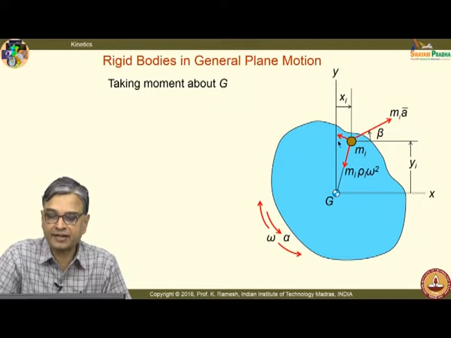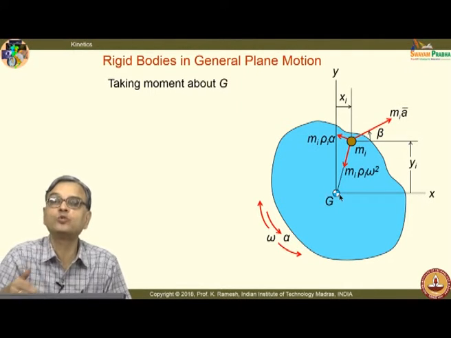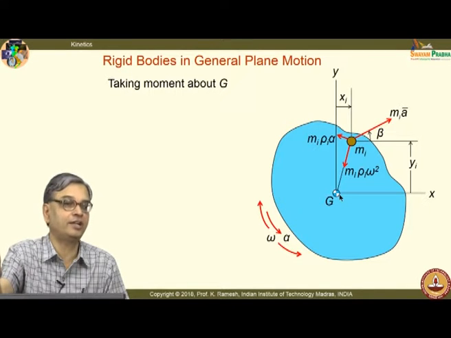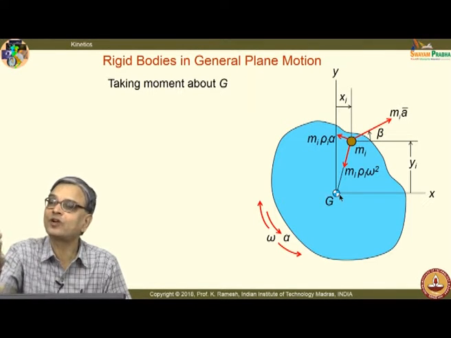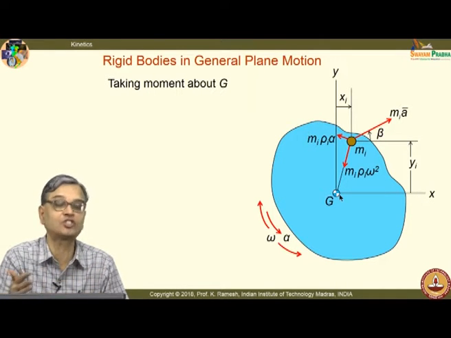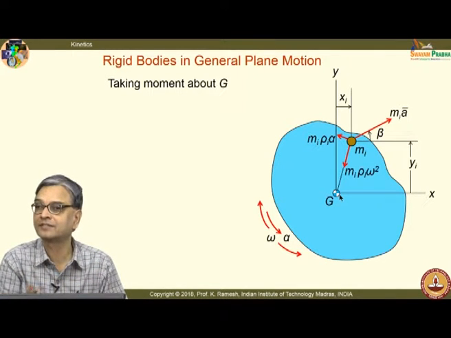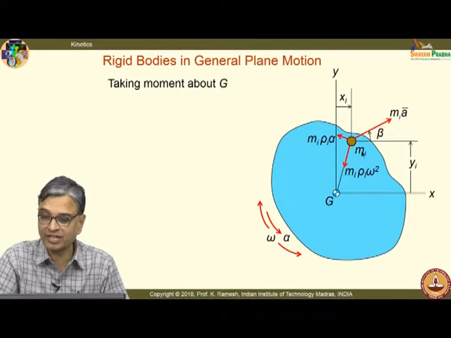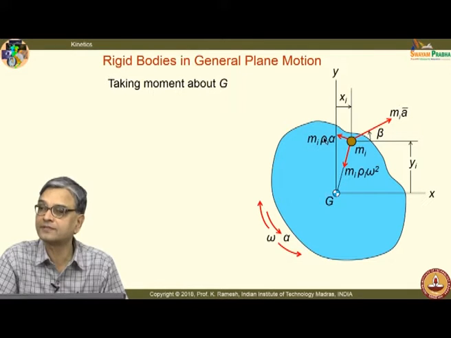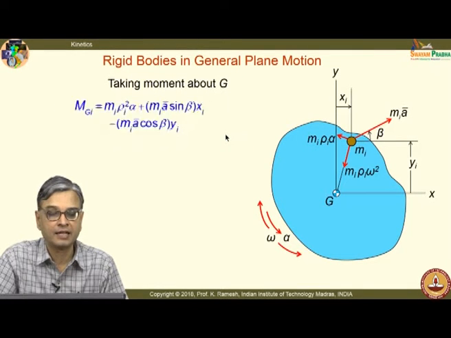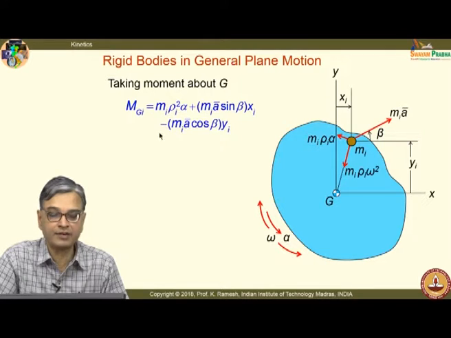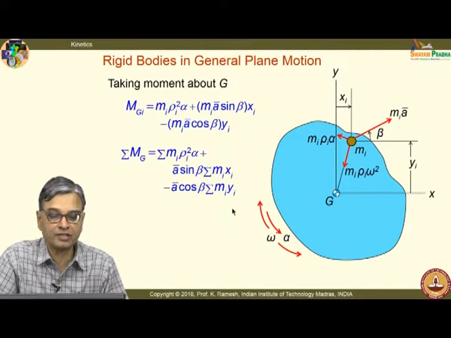And you can easily write in the case of a rigid body, we have already learnt, if I sit on any point and view any other point on the rigid body, it would appear as if it is rotating about it. We had long discussions on that when we discussed kinematics. On the basis of that strength only, I am able to write these components of forces. Okay. And I write the moment equation about G, and you invoke that we are working on the centroid.